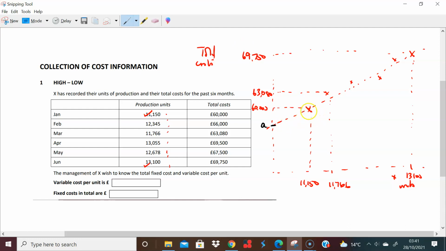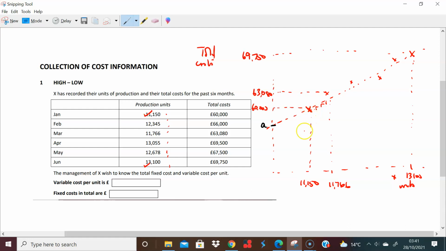Right, so what does the Hi-Lo method say? It's really saying that, listen, for every unit that you produce, the argument here is, if this is a straight line, of course, and this is linear, that for every unit that we make, we experience a cost, a variable cost, because this is a variable, right? So we could actually literally find what that variable cost is. All we have to do is compare the total costs between two units, right?